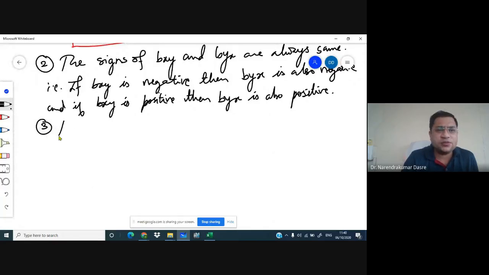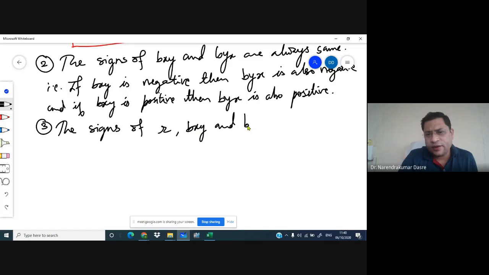So third, what we can say is, the signs of r, bxy and byx are always the same.